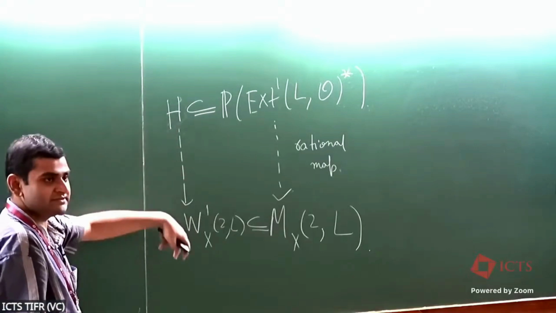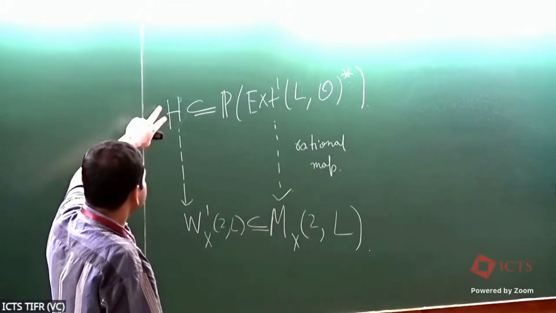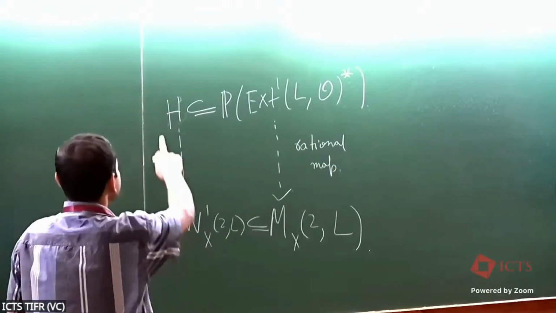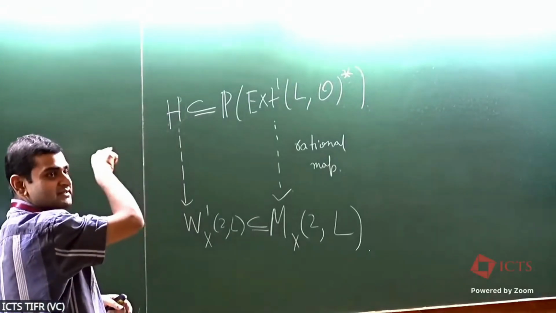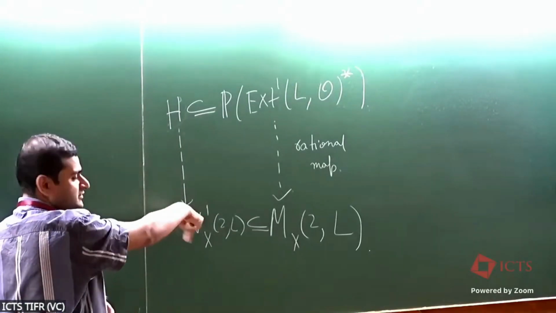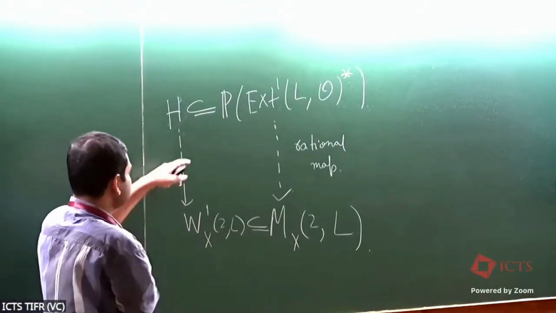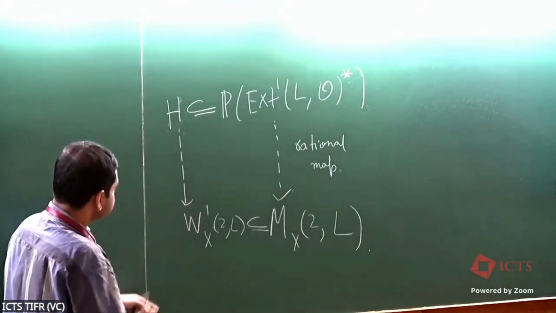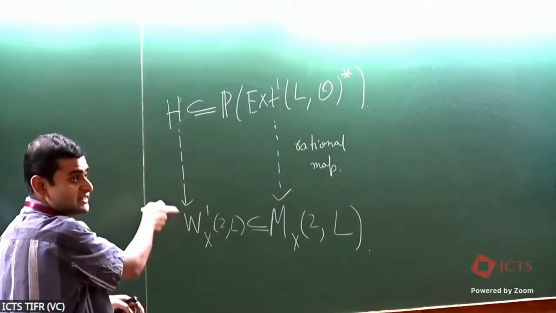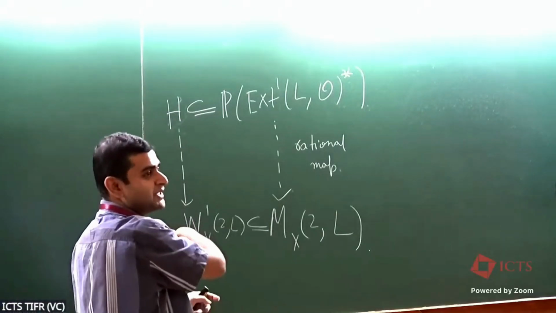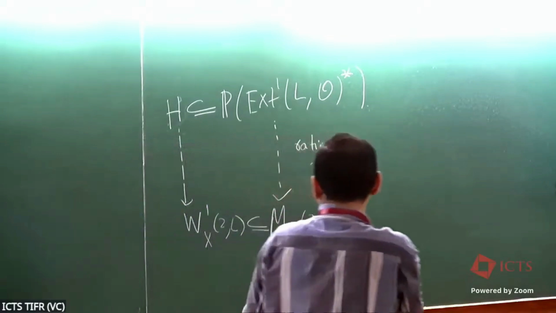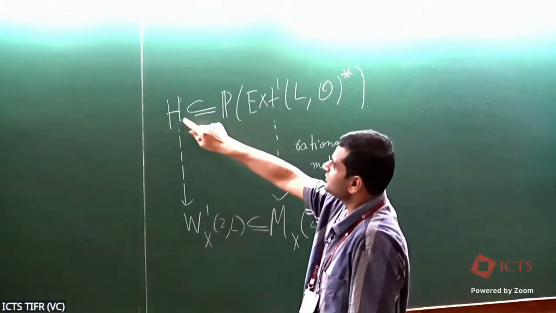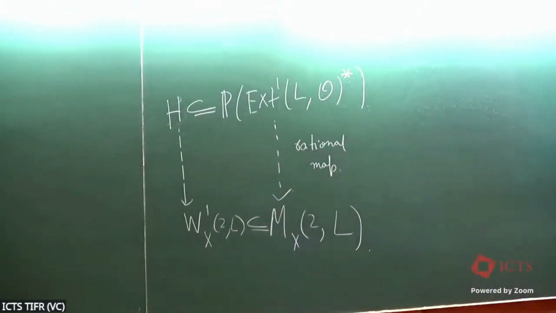Then we use the known results about rationality of hypersurfaces in a projective space to conclude something about this, using the fact that this is dominant. In fact, we showed that this map is generically a projective bundle, a P1 bundle. So that helps us to extract some information about rationality here from those that are here.